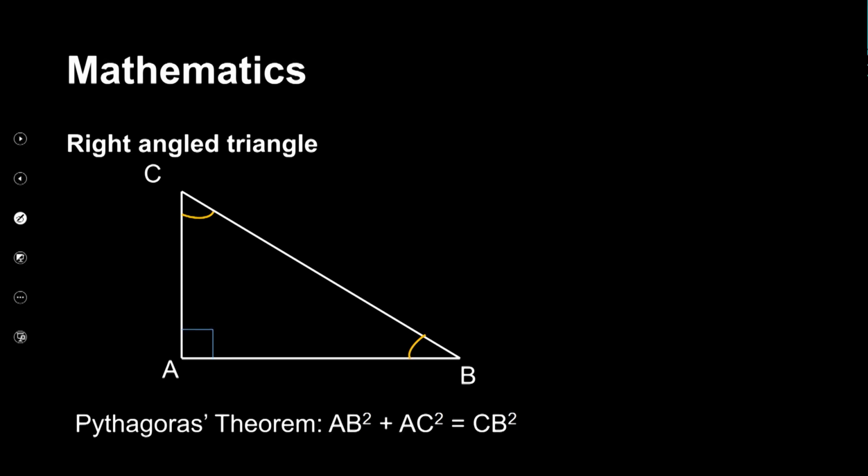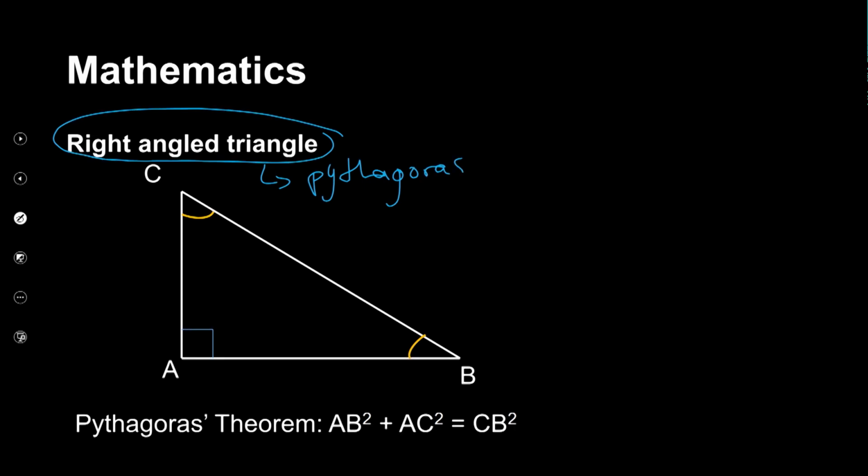Now we also have the right-angled triangle. Now this one is a very special type of triangle, right? Where we can use things like Pythagoras' theorem. We can also use the trigonometric ratios, although we are not talking about that now, right? But for now, because we are still under geometry, we are only going to focus on the Pythagoras.